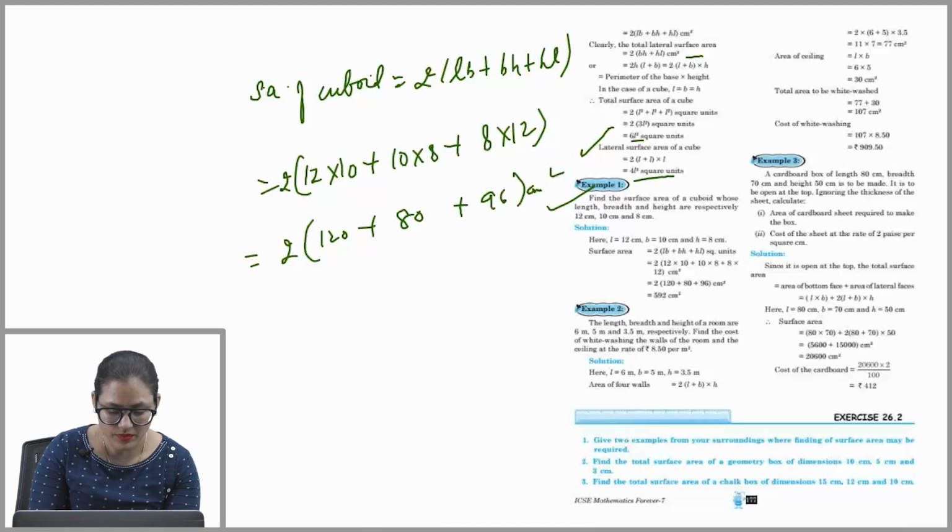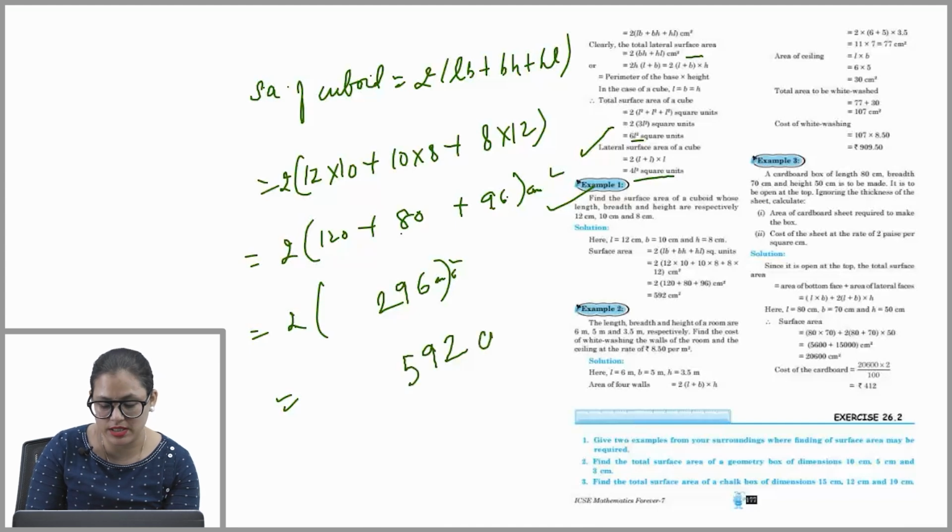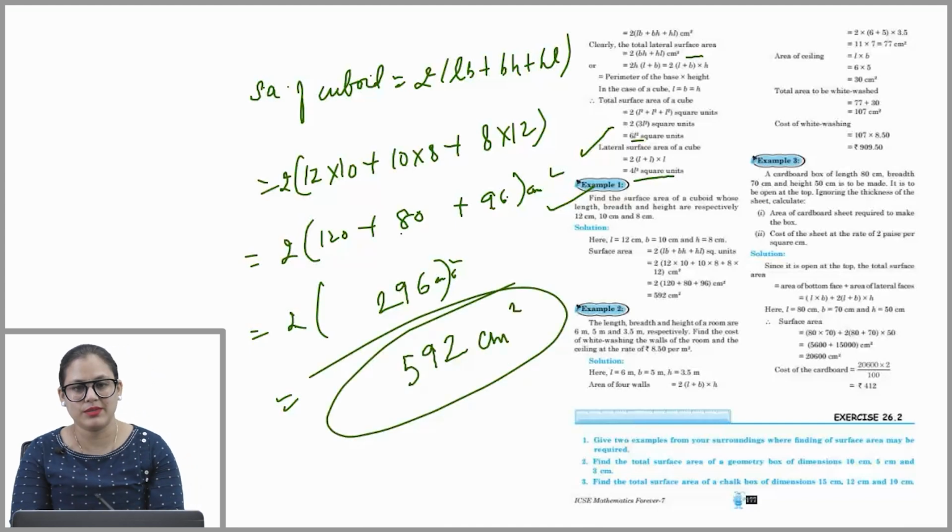Now after adding, what will you get? 2 into 296 centimeter square. And now multiply, 2 6s are 12, 2 9s are 18 plus 1 is 19, 2 2s are 4 plus 1, 592 centimeter square. So this is the answer, okay.